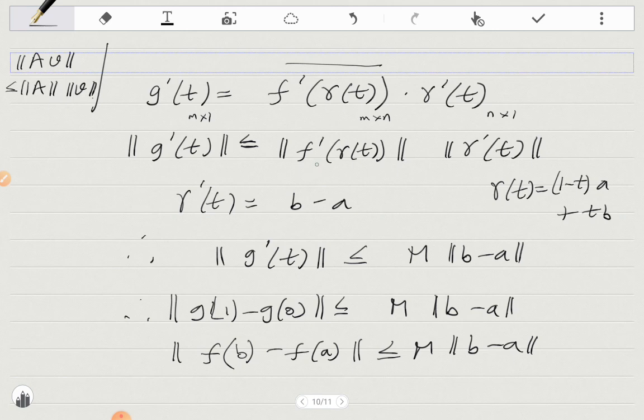Norm of g prime of t is less than or equal to, and the derivative of f is bounded above by M by assumption, M times norm of B minus A. So then norm of g(1) minus g(0) is less than or equal to M times norm of B minus A. But remember g of t was f of gamma t. So g(1) would be f of gamma 1, so f of B. So f of B minus f of A is less than this. So this is what we wanted.